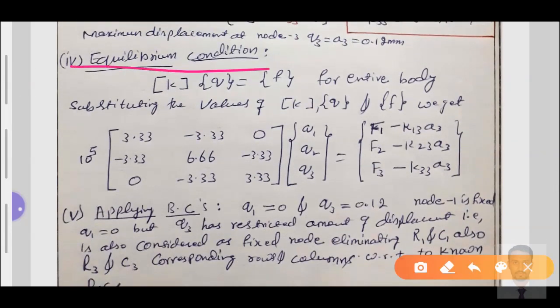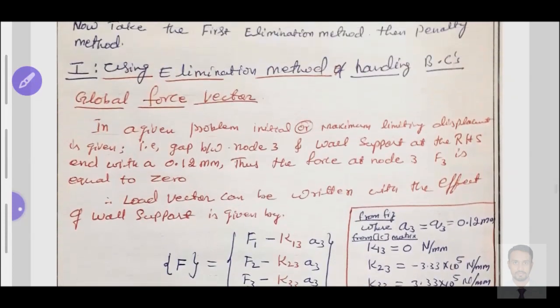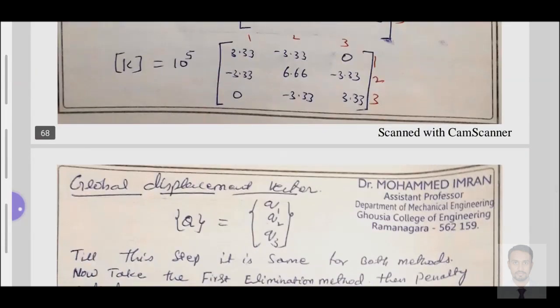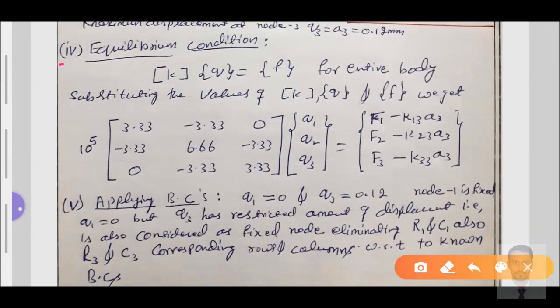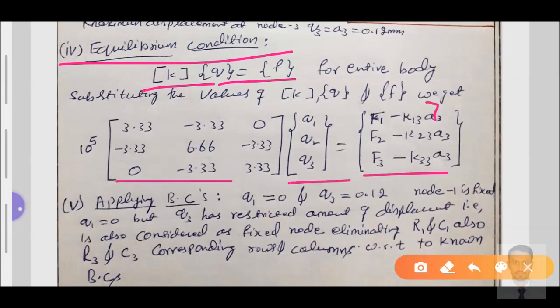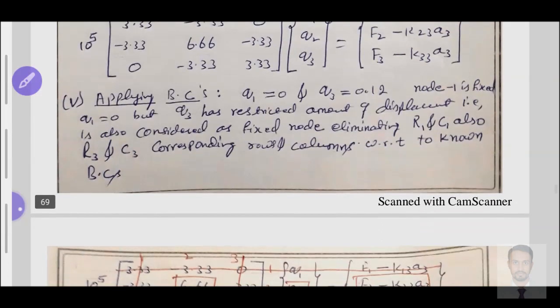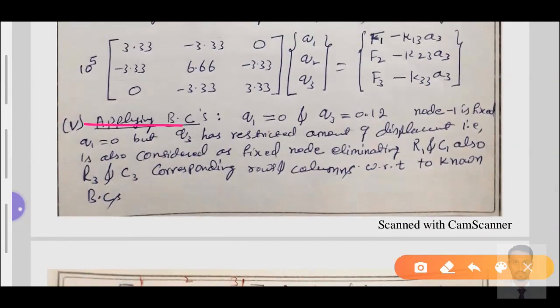Now the fourth step: the equilibrium condition. We'll take the stiffness matrix as it is and the displacement vector, but the force vector will be the one with the wall effect. So the equilibrium equation is KQ equals F, with the K matrix, the Q vector, and the force vector with the wall effect. Applying the elimination method, Q1 equals 0 and Q3 equals 0.12, which is also fixed.